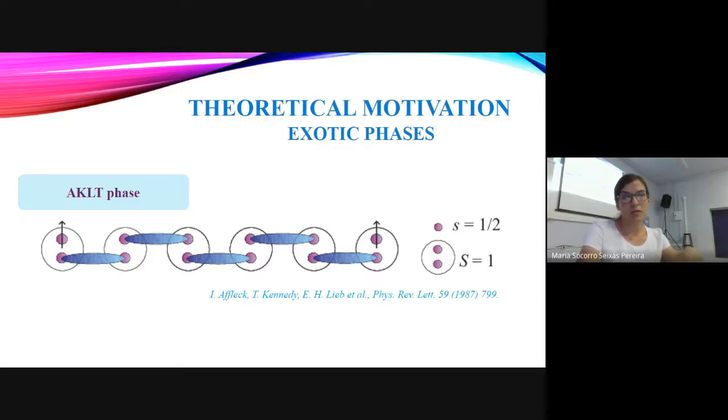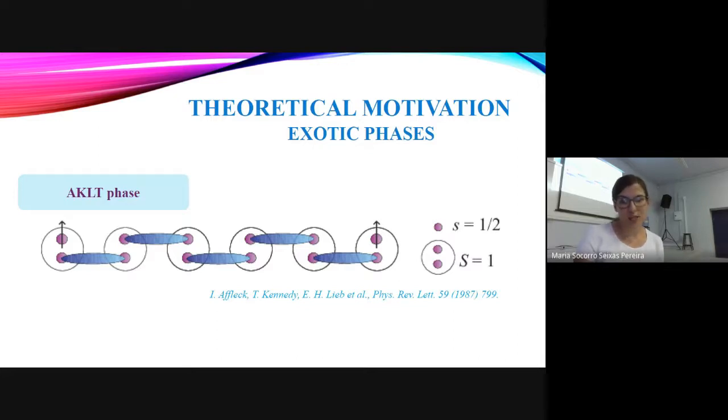Probably the most interesting finding was the discovery of exotic phases. For example, this kind of phase, the Affleck-Kennedy-Lieb-Tasaki phase, which is a special case of the Haldane phase, was one of the interesting quantum states.